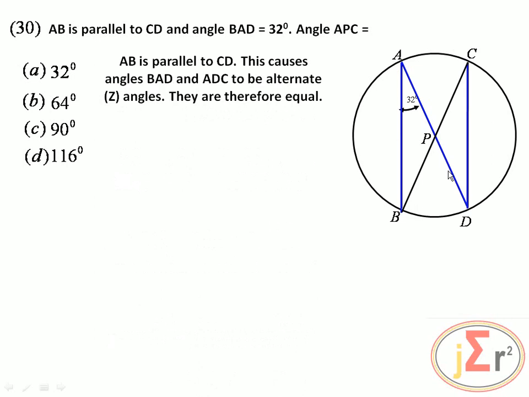This causes angles BAD and ADC to be alternate, or what we call Z angles. So that causes BAD and ADC to be equal Z angles, alternate angles. There we have them.